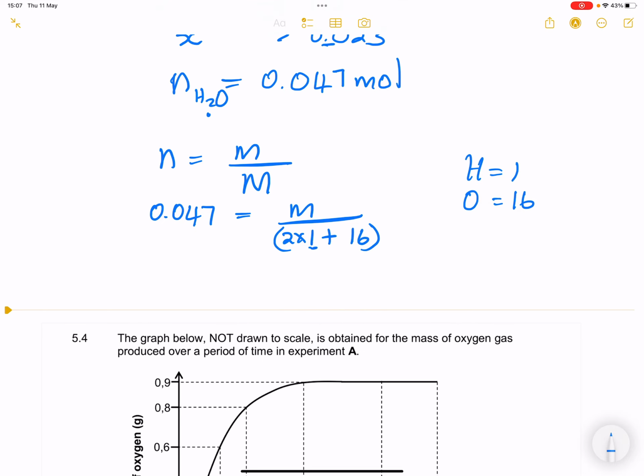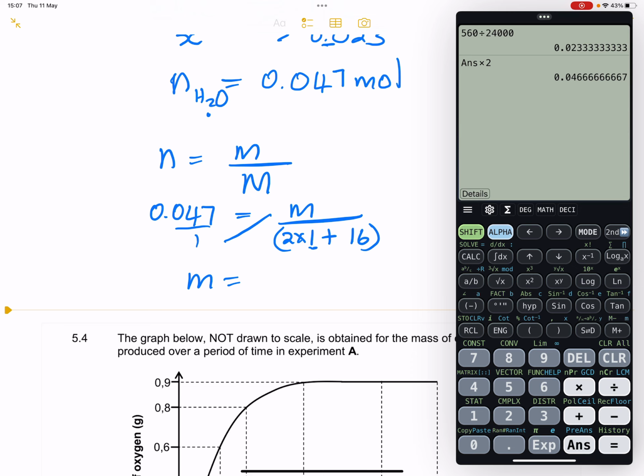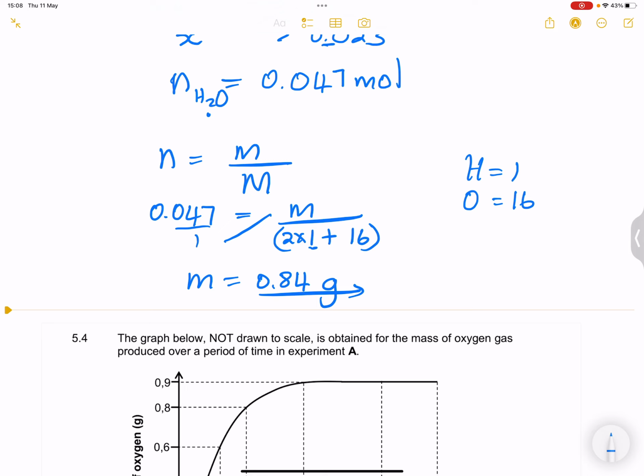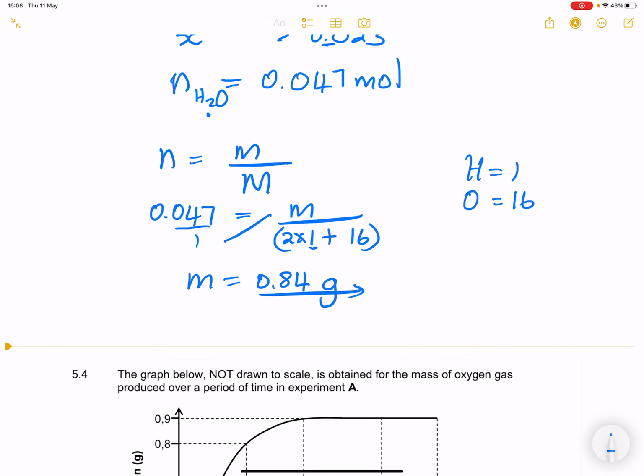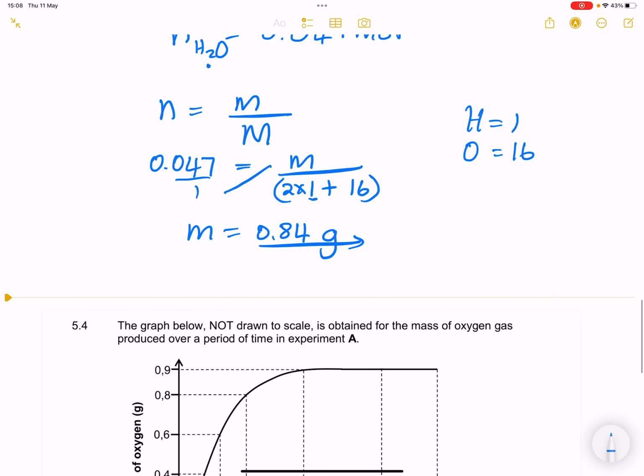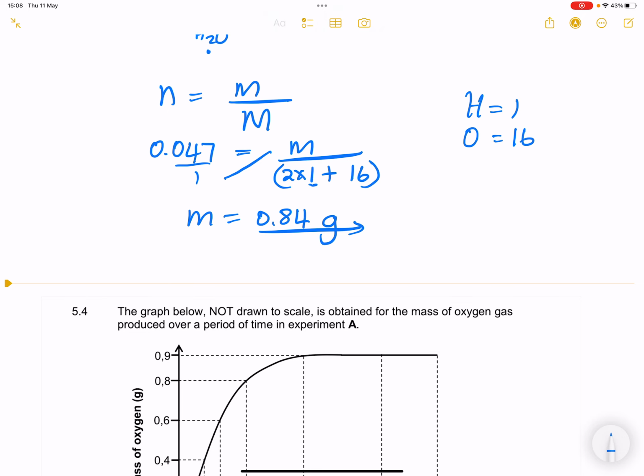So if we cross multiply, M is 0.047 multiplied by 2 times 1 plus 16, that's 18. That gives us 0.84. Of course, if you rounded off earlier, your answer might be slightly different, but it should be very close to what I got, 0.84 grams.